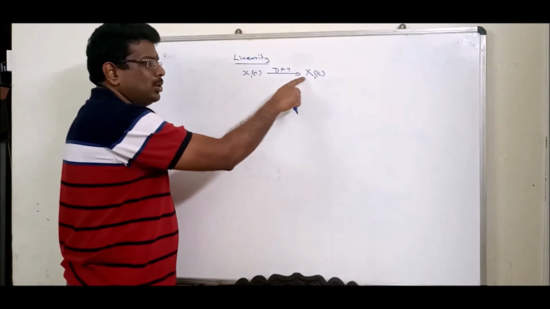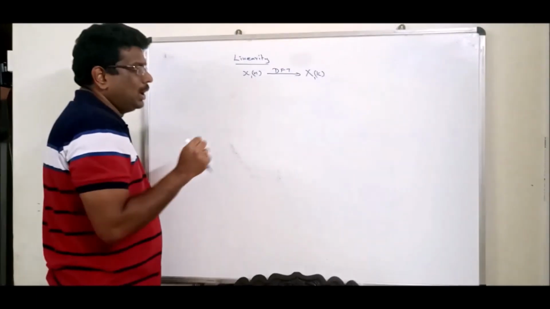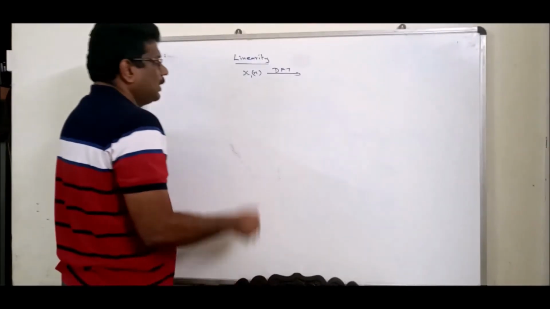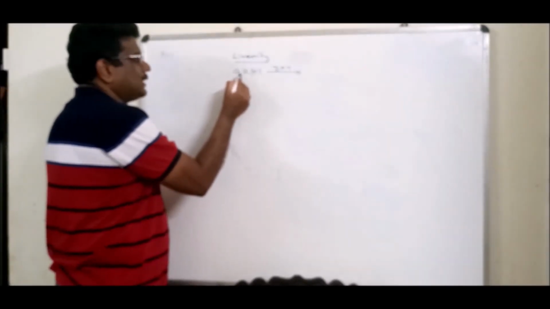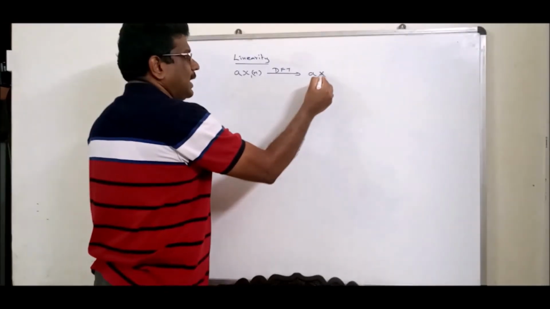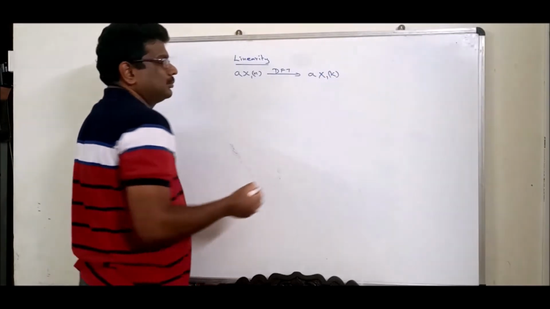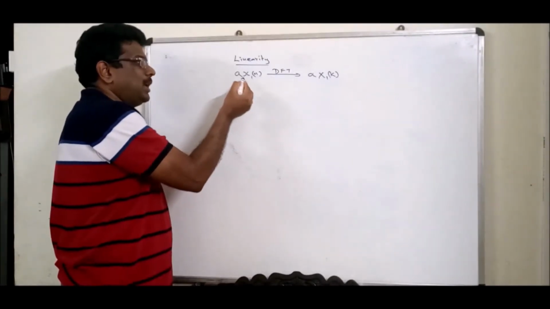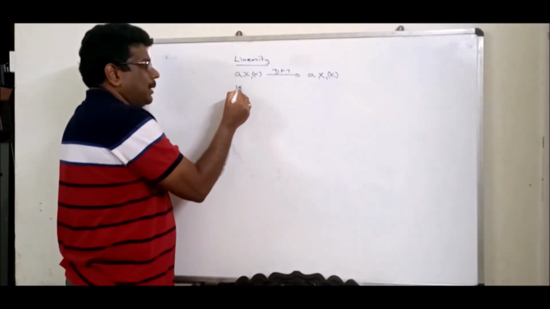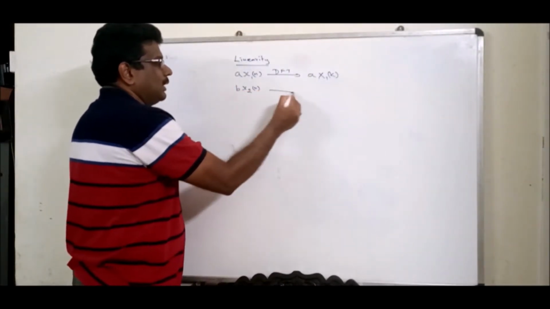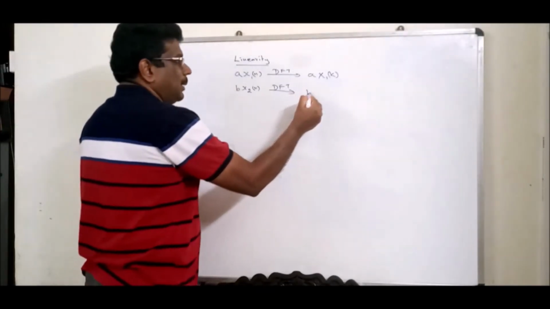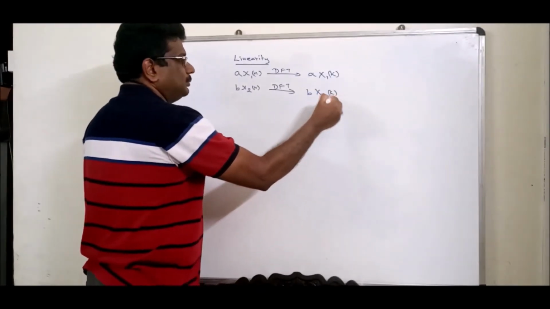Now, a slight change in my statement. If it is a x1 of n, whose amplitude is a, then it is a X1 of k. In time domain, if you multiply by a, in frequency domain also you multiply by a. b x2 of n, what is its DFT? It's obvious, b X2 of k.